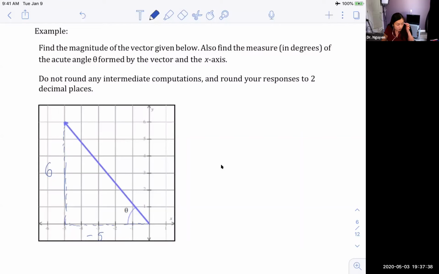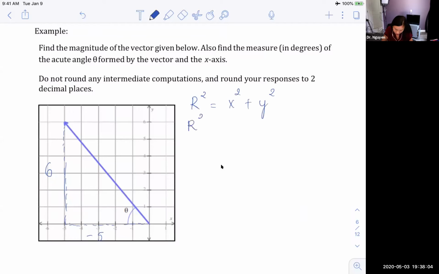Okay, so we need to find the magnitude. So we need to find the hypotenuse here. How do we find the hypotenuse? It's going to be r squared equals x squared plus y squared, the Pythagorean theorem, right?